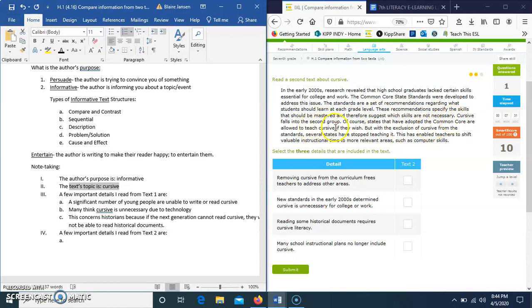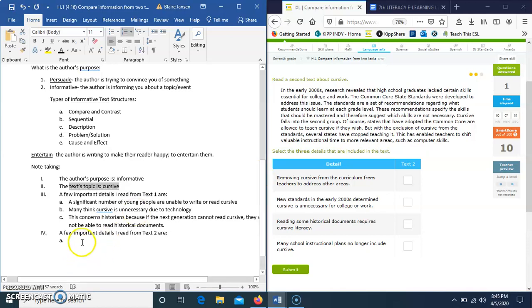Cursive falls into the second group. Of course, states that have adopted the Common Core are allowed to teach cursive if they wish, but with the exclusion of cursive from the standards, several states have stopped teaching it. This has enabled teachers to shift valuable instructional time to more relevant areas, such as computer skills.